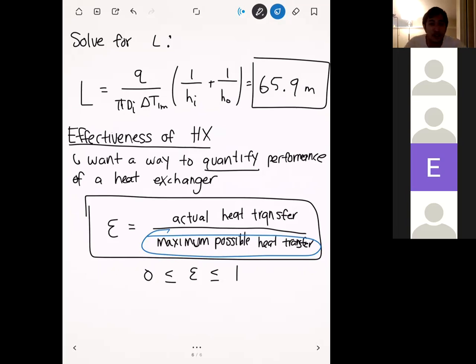Okay. Let's talk about the denominator, because we've done the numerator quite a bit. Let's talk about what the maximum possible heat transfer is that can occur.